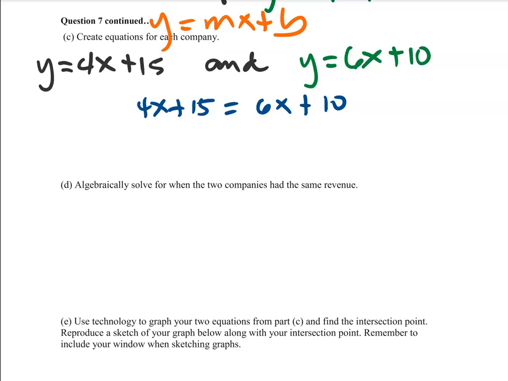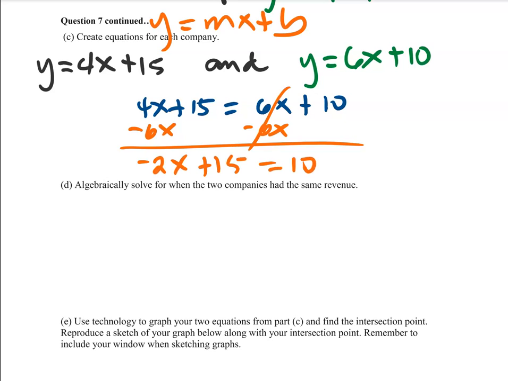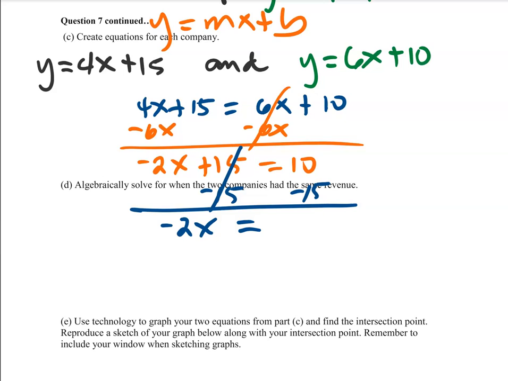So if we subtract 6x both sides, 4x minus 6x is negative 2x, plus 15 is equal to 10, and then subtract 15. So this is negative 2x equal to negative 5, and then divide both sides by negative 2, so that x is equal to negative 5 divided by negative 2, which is 2.5.